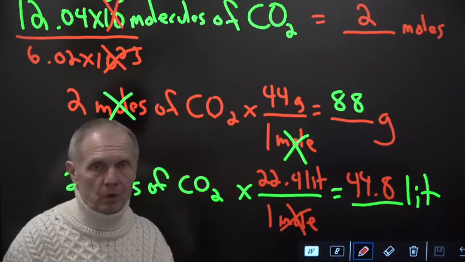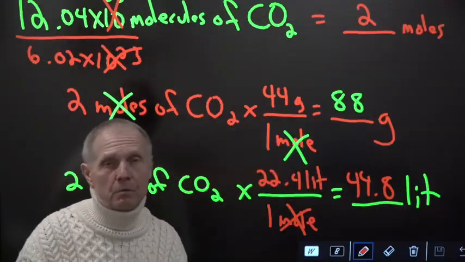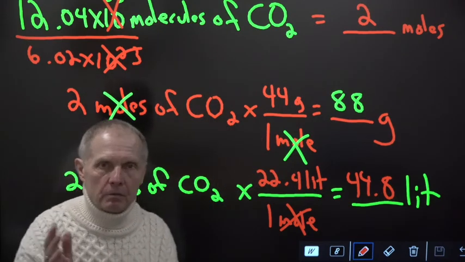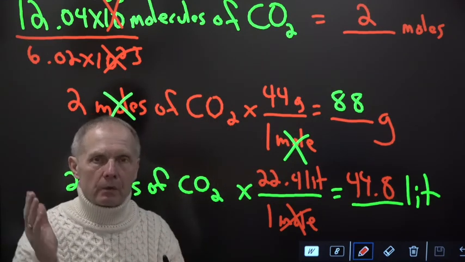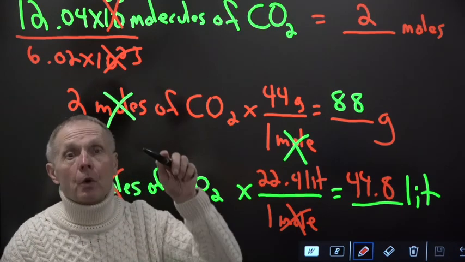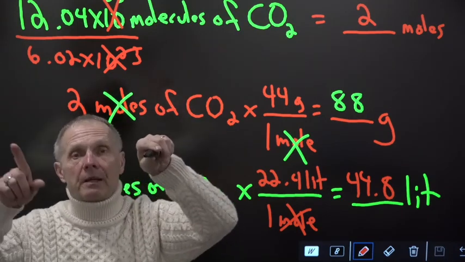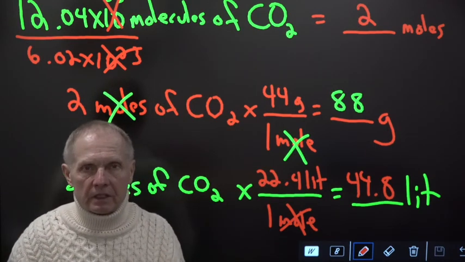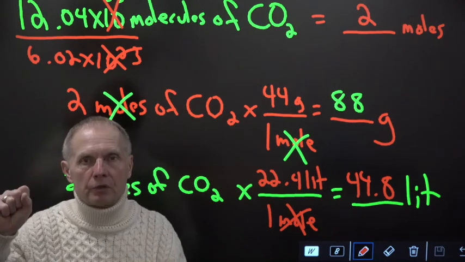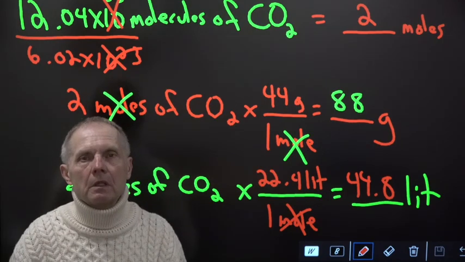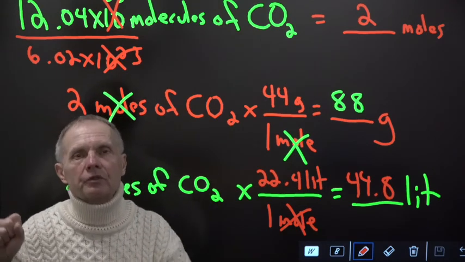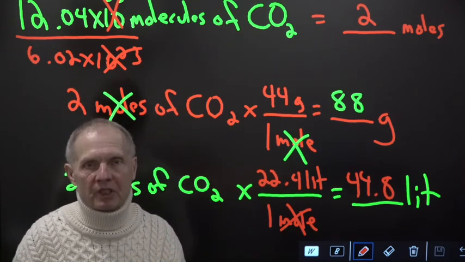If I give you moles and want to find grams, your fraction will have mole on the bottom, and then your molar mass, multiplied by how many moles. If I give you moles and want to get into liters, it would be moles times 22.4. If I give you moles and want to get into molecules or atoms, it would be moles times 6.02 times 10 to the 23rd. Okay?